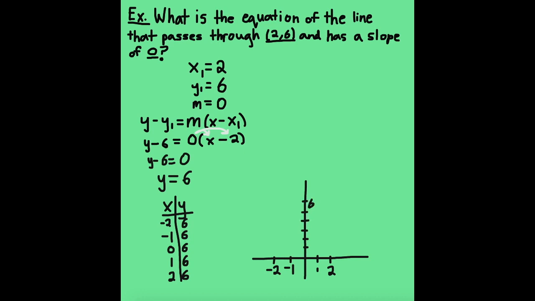And let's plot the points. When x equals -2, y equals 6. When x equals -1, y equals 6. When x equals 0, y equals 6. When x equals 1, y equals 6. When x equals 2, y is 6.